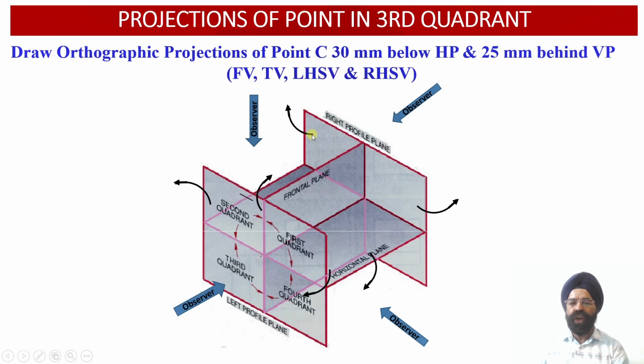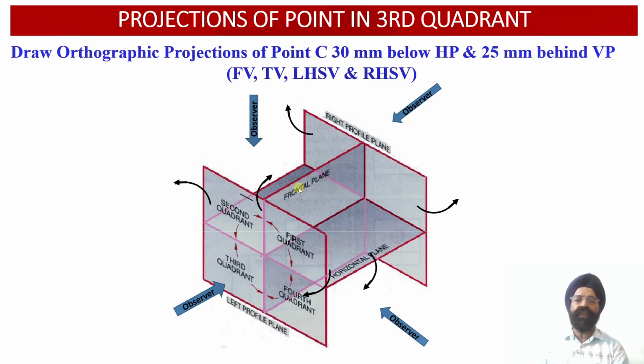So once we carry out this rotation of the right profile plane, we obtain the right hand side view projection of this particular point onto the right profile plane, on the right side of the front view projection, below the XY reference line.